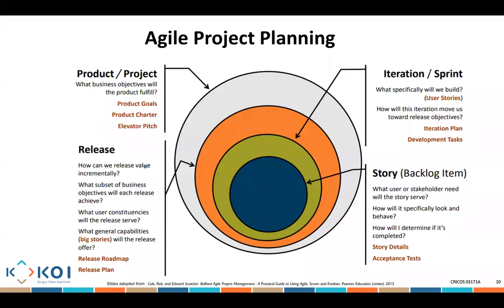What user or stakeholder need will this very specific story serve? How will the story look? How will it behave? How will we know if it has been completed? This is all the details about each user story and how we ensure we have acceptance tests.